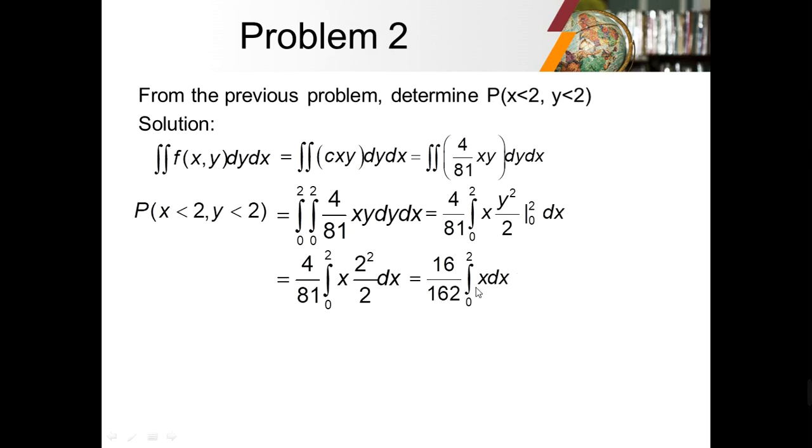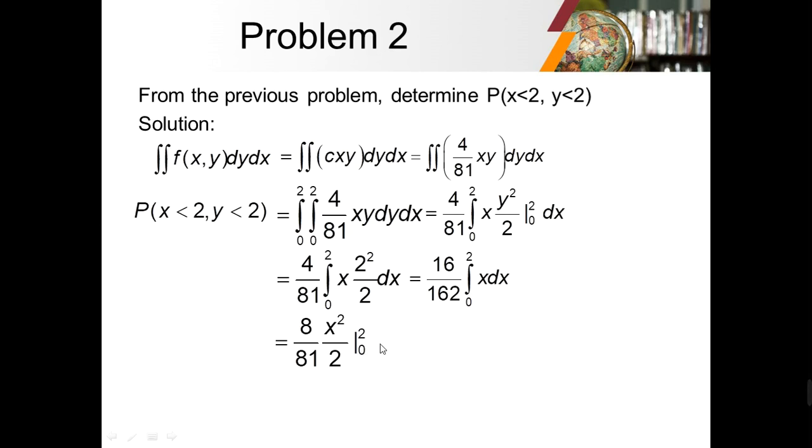So, i-integrate na ulit natin siya in terms of x. Syempre, integral ng x dx is x squared over 2. Tapos, impose ulit natin yung limits from 0 to 2. Substitute lamang po ulit dito. So, 2 squared over 2 ulit.